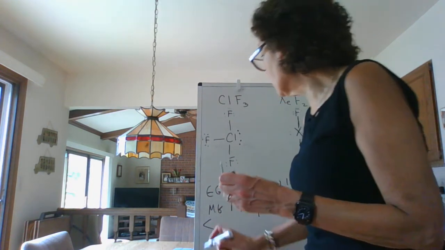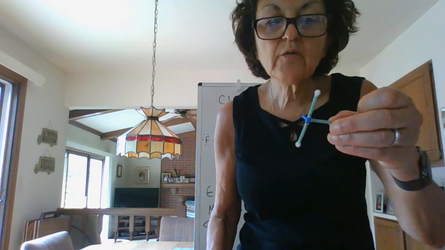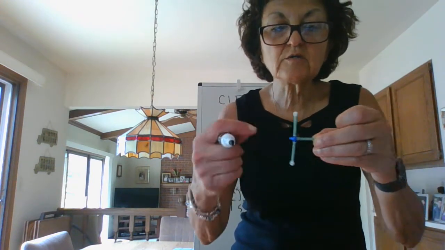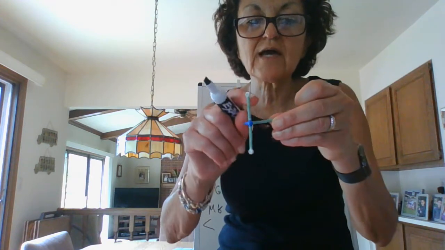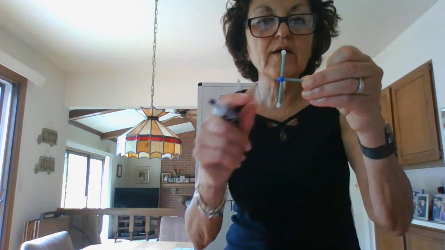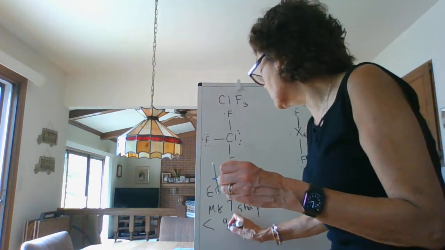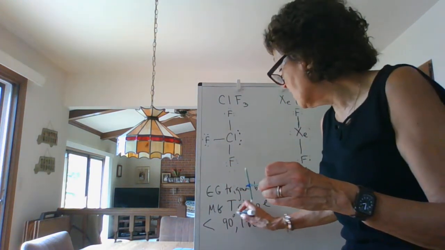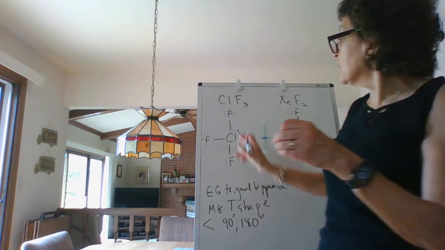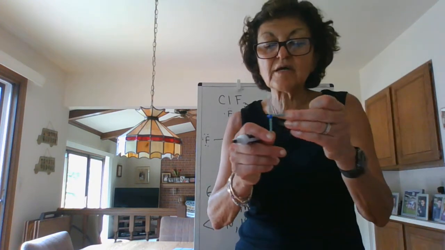Okay, what are the angles for this? Now we got rid of the 120 because we don't have the 3 in the equator. Now we just have a 90 and a 180. So the angles are 90 and 180. And what about polarity? Well, it's not completely symmetrical.